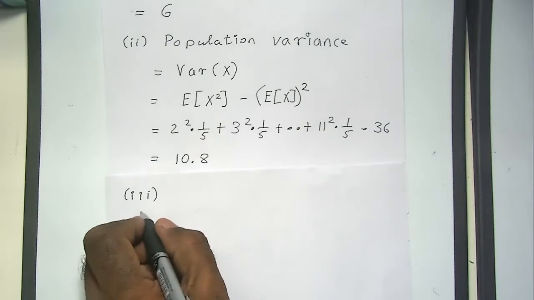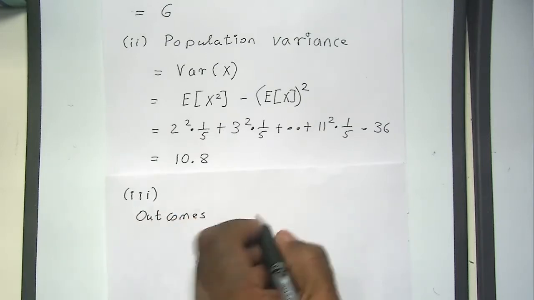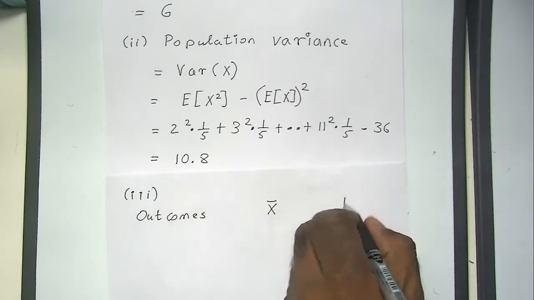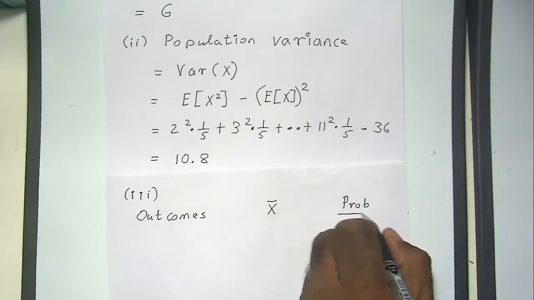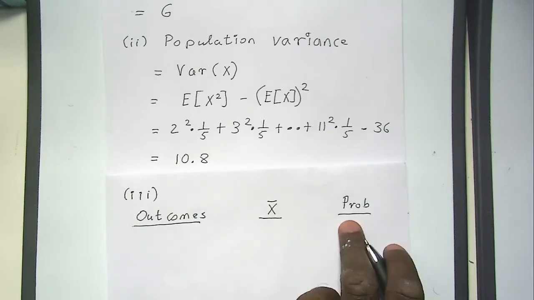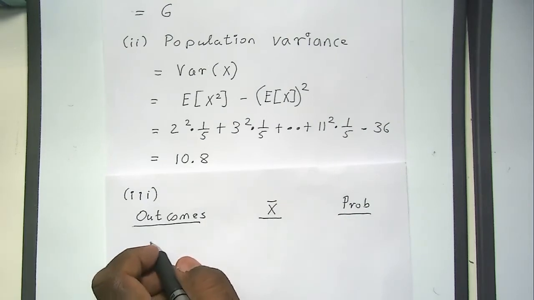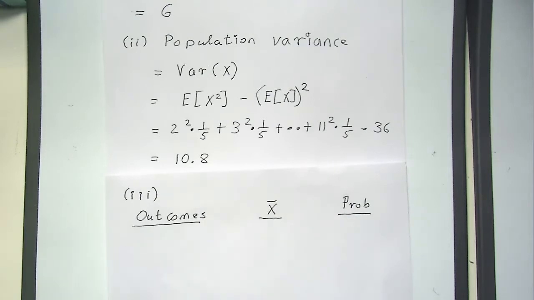So the possible outcomes, well, you need to have basically 3 columns. Column 1 gives the outcomes, column 2 gives the x bar, the sample mean of the 2 outcomes, and column 3 gives the probability. Now how many outcomes will there be? You have 5 numbers and you're drawing 2 numbers with replacement.